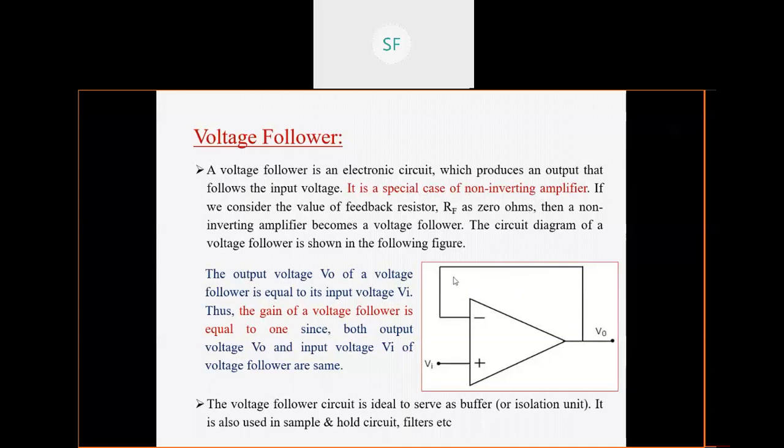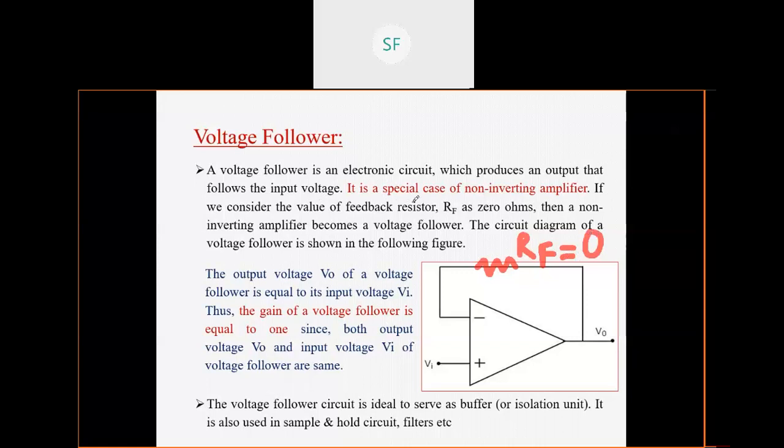If you observe carefully, here no feedback resistor is given. In the earlier cases, the non-inverting and inverting amplifiers had feedback, but here the feedback resistor is not given. So RF can be treated as no resistor, that means RF is equal to 0.